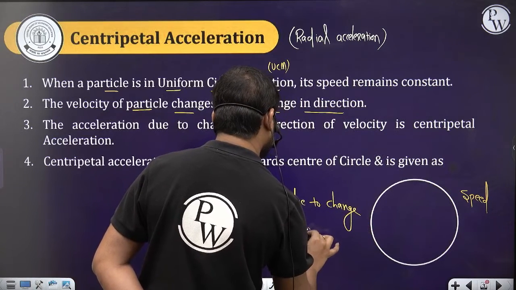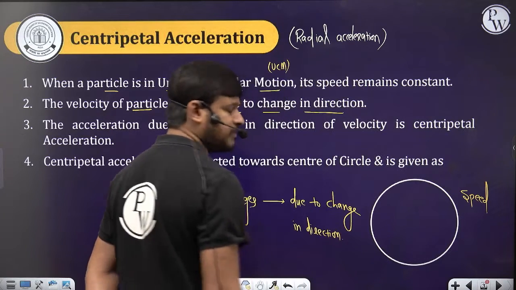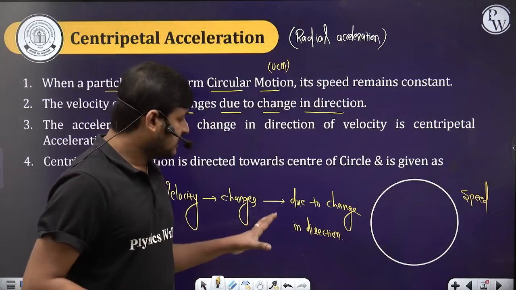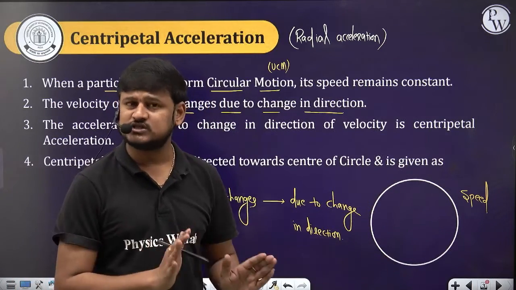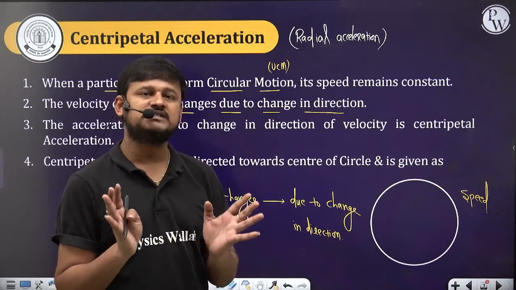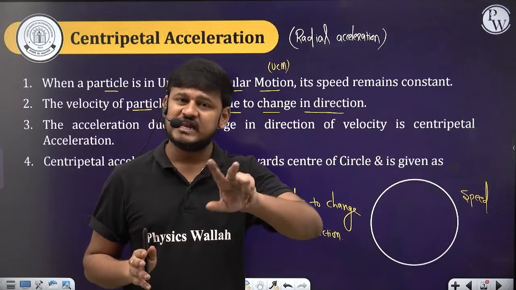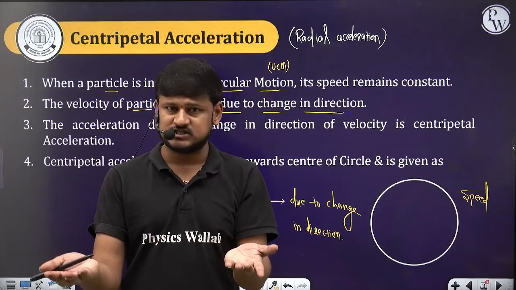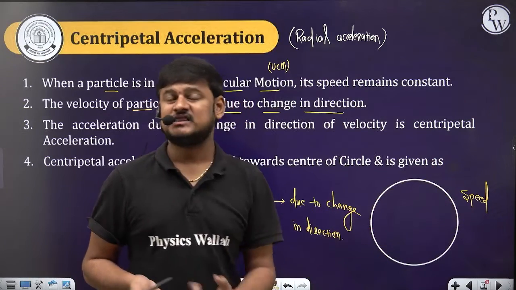The simple understanding is whenever a body is moving in a circular path, it's maintaining constant speed. So is its velocity constant or not? No, velocity has magnitude as well as direction. Among these two, if any one changes, then the velocity changes, obviously. Here the speed remains constant, but the direction changes.